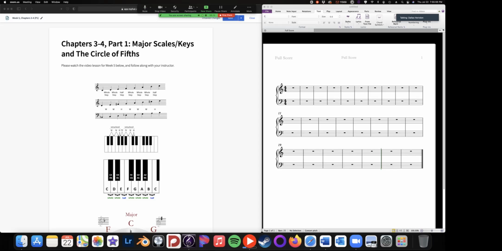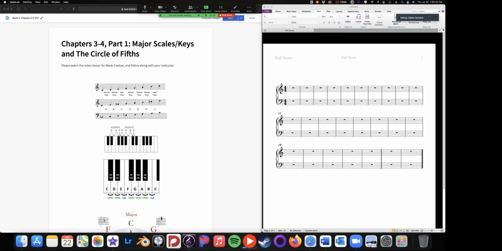We can apply this ordered pattern to any major scale to figure out what all of the notes should be. In every major scale, the whole-half step pattern will be whole, whole, half, whole, whole, whole, half, referring specifically to the distance between the notes.